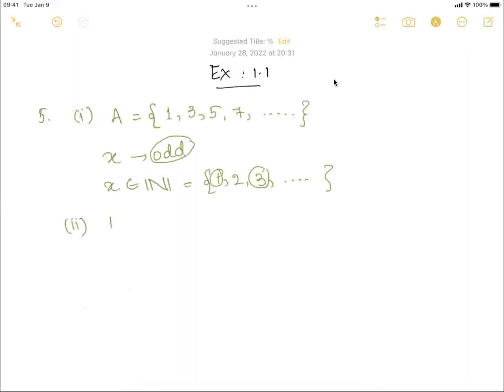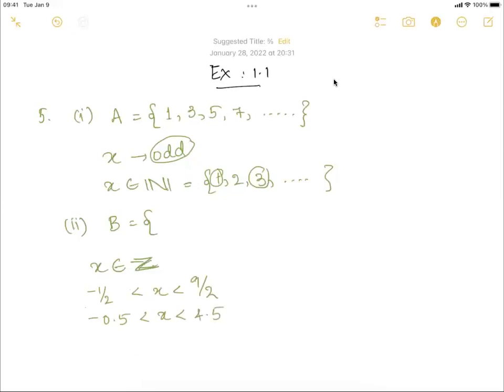The second question, B, is the set of all x such that x is an integer and x is between -1/2 and 9/2.